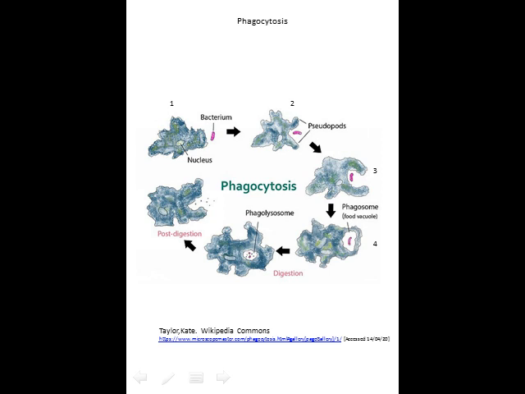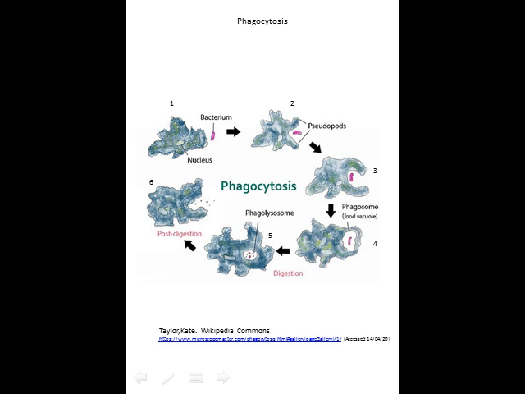Once that happens, lysosomes become attached to the vesicle and inject toxic and destructive chemicals in, which completely destroy the bacterial cell, which is then voided out into the surrounding tissue fluid by the process of exocytosis in step 6.